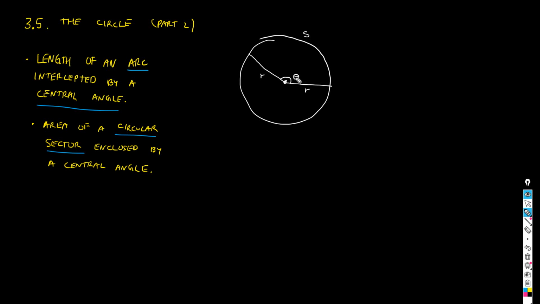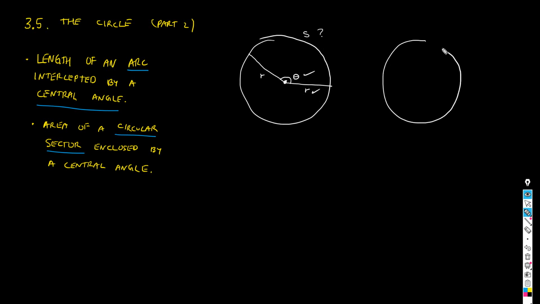In radians. I'm gonna say that one more time. All of the analysis that we are doing right now supposes that the angles are given in radians, not degrees. So how can I find S if I know the angle theta and if I know the radius? Well, it's quite simple.